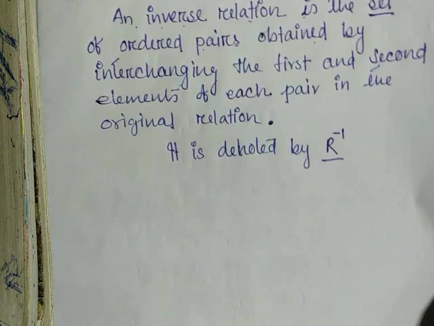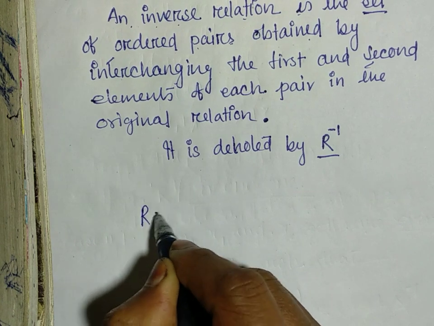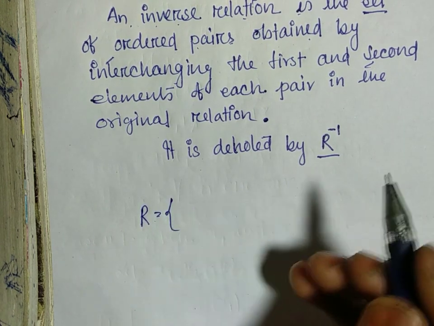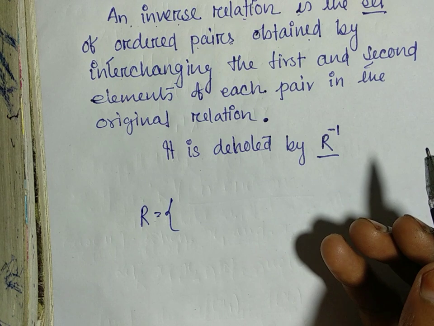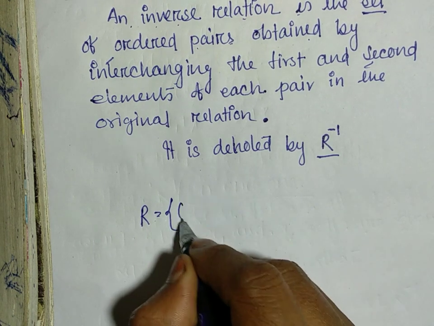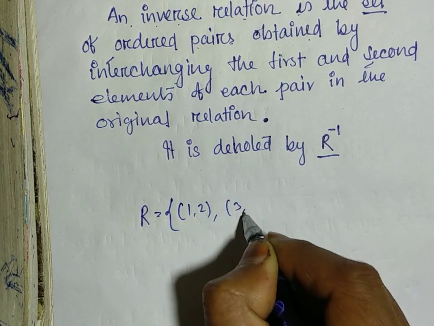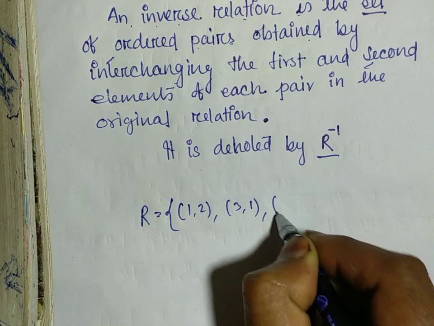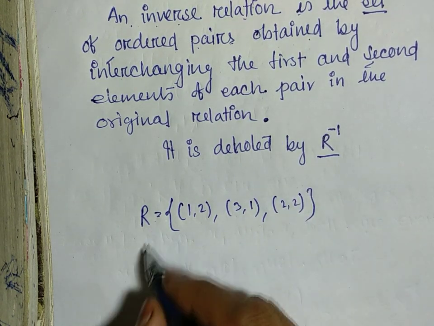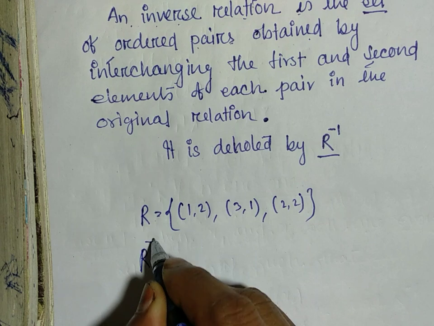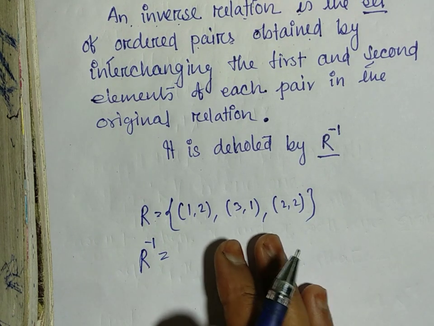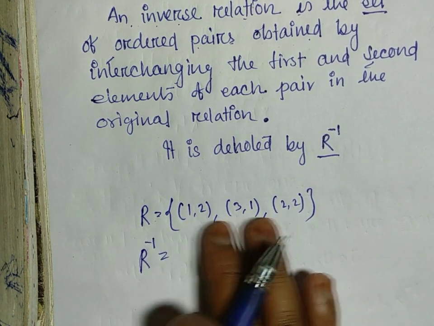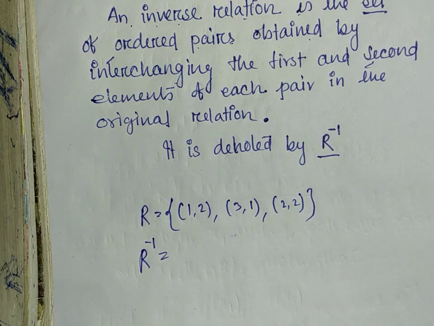For example, suppose R is a relation on a set which contains three elements 1, 2, 3. Suppose the relation contains (1, 2), (3, 1) and (2, 2). Whenever we have to find R inverse, what will we do? How many ordered pairs are there in the relation? Three ordered pairs. The inverse will also contain only three ordered pairs.